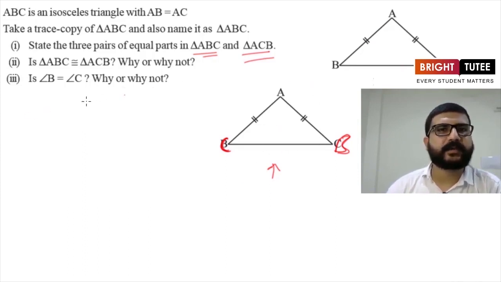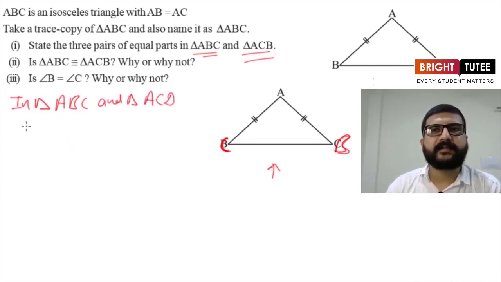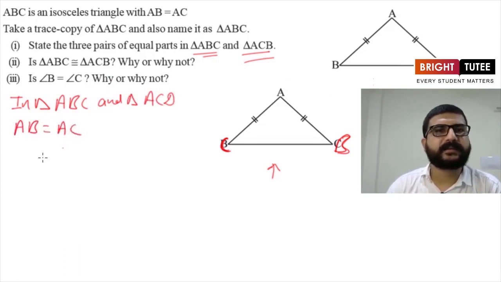So let's write it here. In triangle ABC and triangle ACB, what are we getting? This AB is equal to AC, and what else do we have?